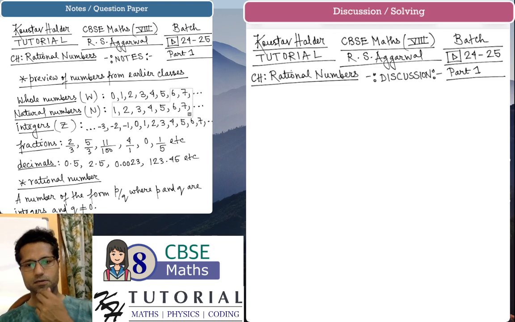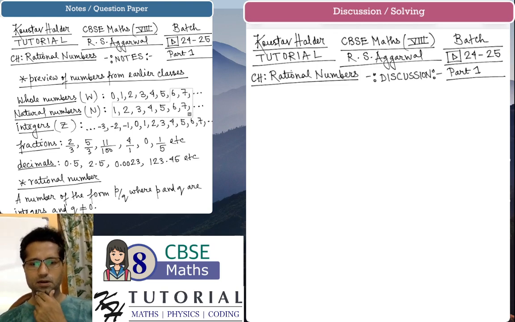Now, what are integers? Integers are the whole numbers as well as the negative of the natural numbers. These are all concepts that you have already studied in your previous classes. I am just recalling them.